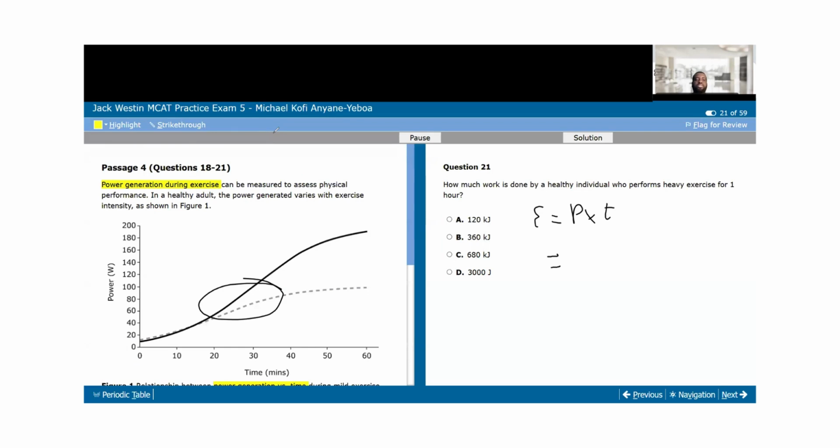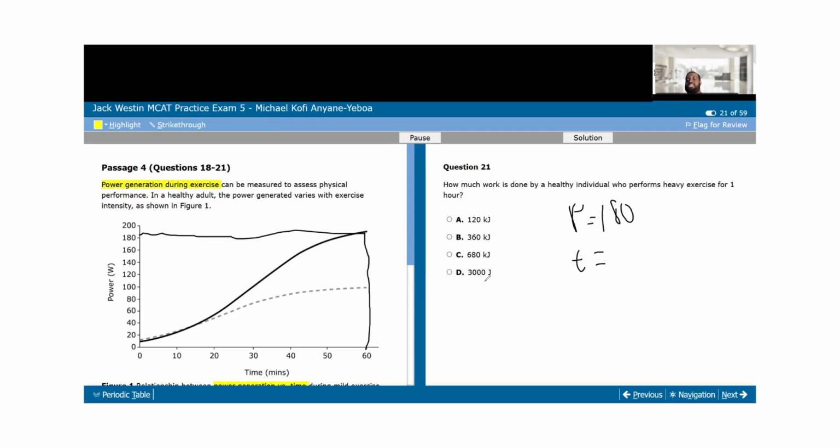Let me clear my drawing so I can draw this. For 1 hour, I draw my line, and I'm estimating it's close to 180, so I'm just going to use 180. When it comes to the MCAT, you always estimate. So our power is equal to 180, and our time is 1 hour. But remember, you always have to convert your units, right?